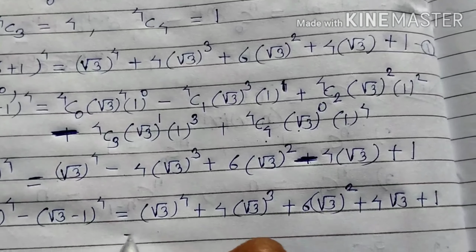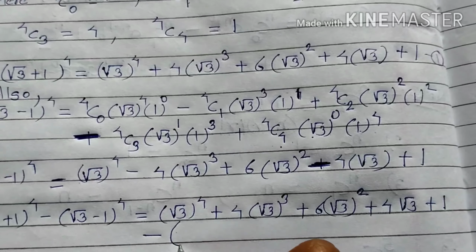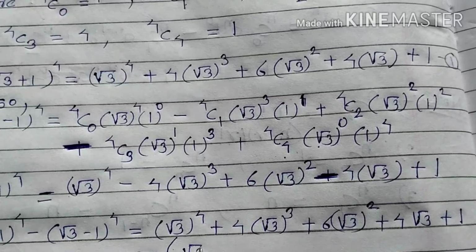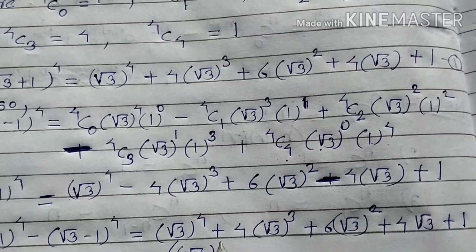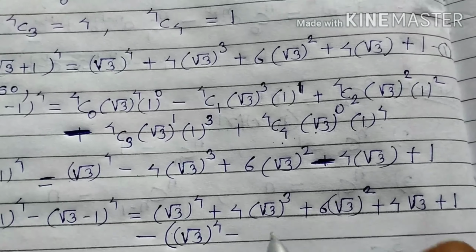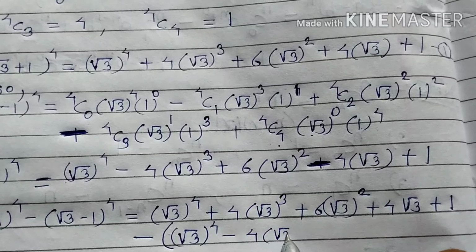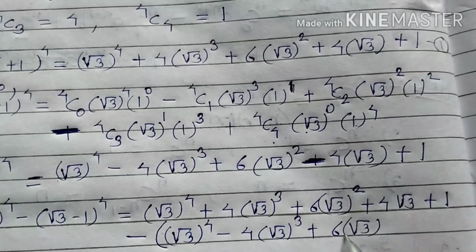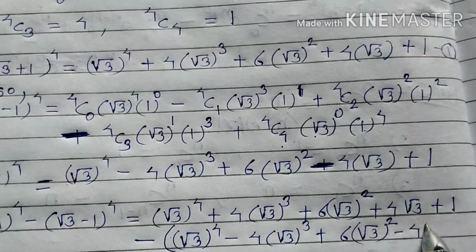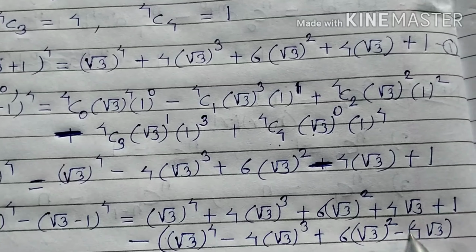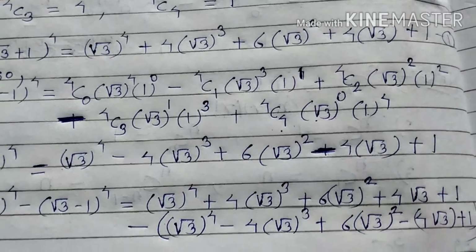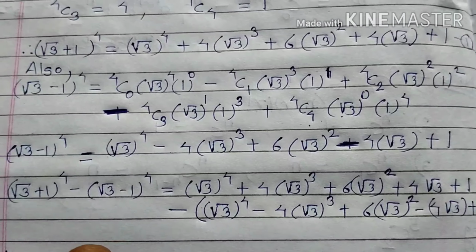Okay, next the minus, so put this term in a bracket, because in the next step the bracket will open and the signs will change. So the bracket is complete.